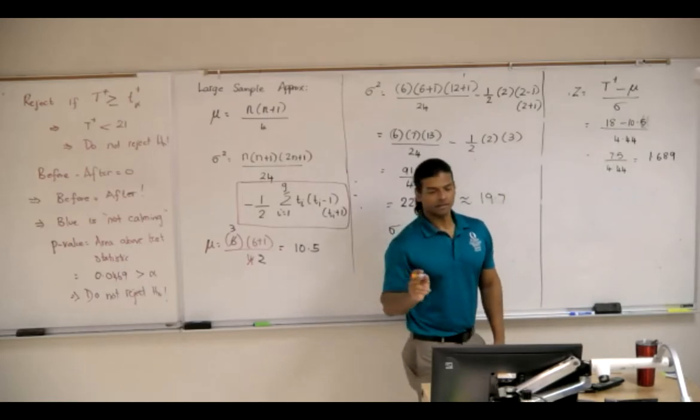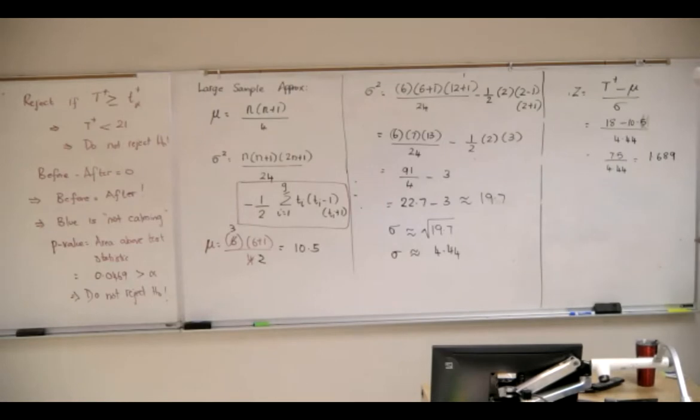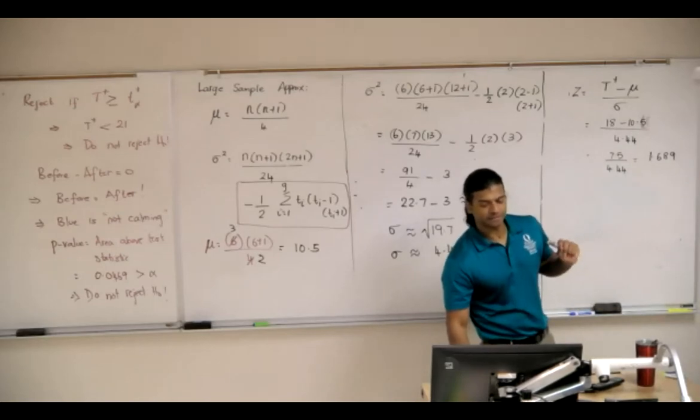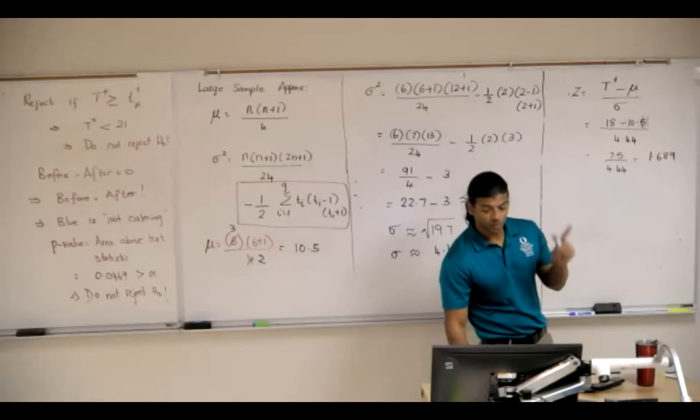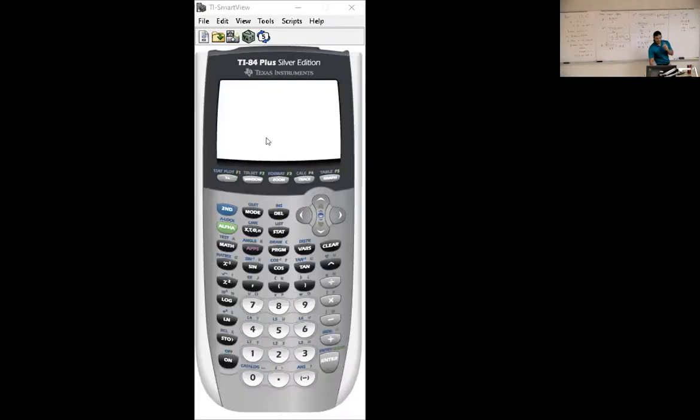Good. Now, there are two ways to come to a conclusion: finding the p-value, or finding the critical value. Since this is a large sample approximation, the distribution is normal, just like we've done before. And how did we find the critical values for a normal distribution? You will know if you did the homework. So we have to use inverse norm.